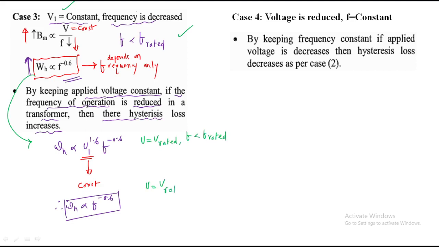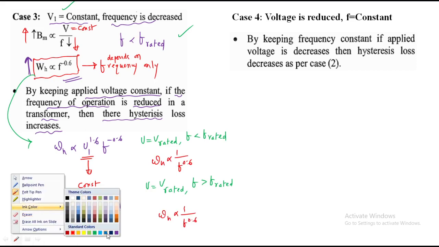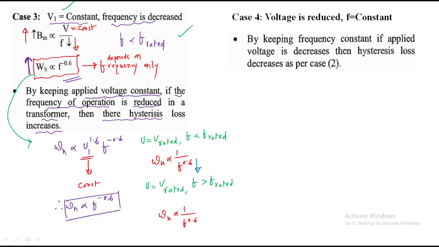Like that, V equals V rated, F more than F rated: WH is proportional to 1 by F power 0.6, that is F power minus 0.6. Here the frequency is reduced, so hysteresis loss increases. In the other case, frequency is a higher value, so obviously the hysteresis loss decreases. Go through these two cases.